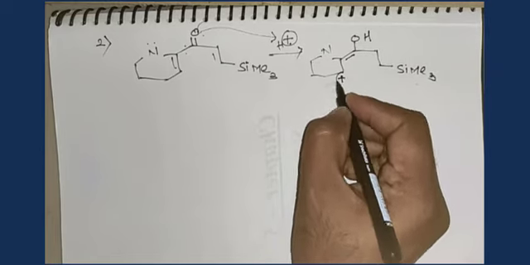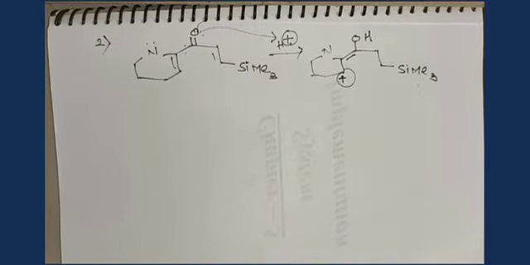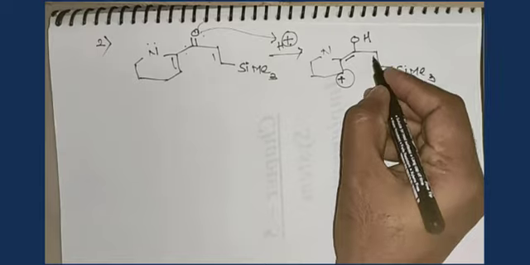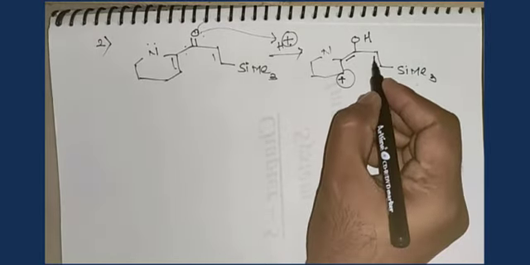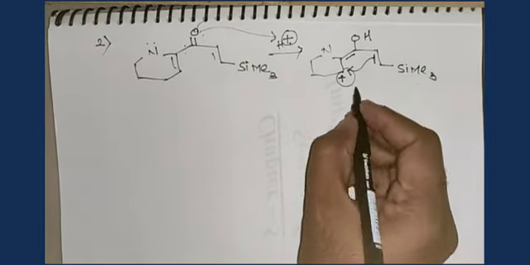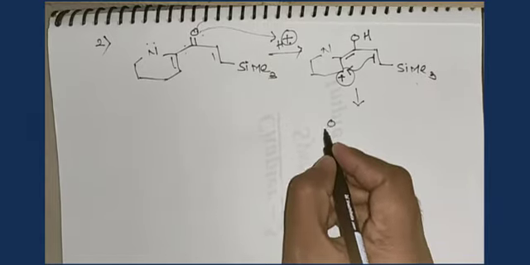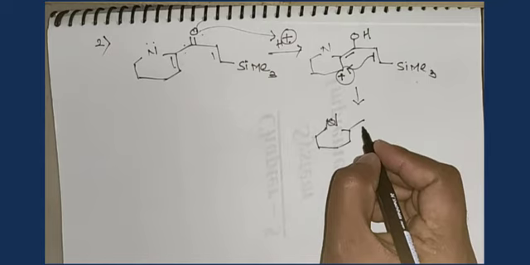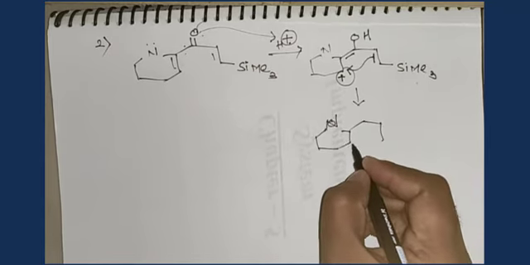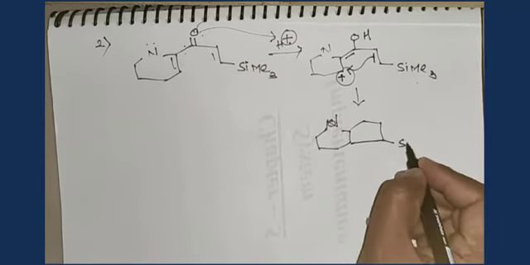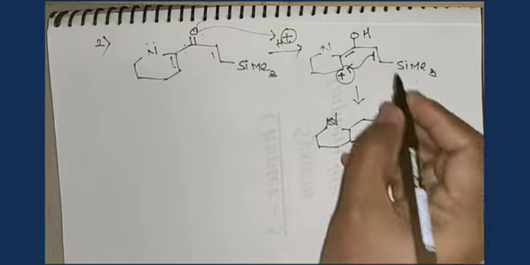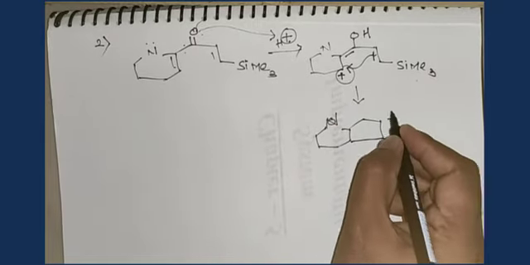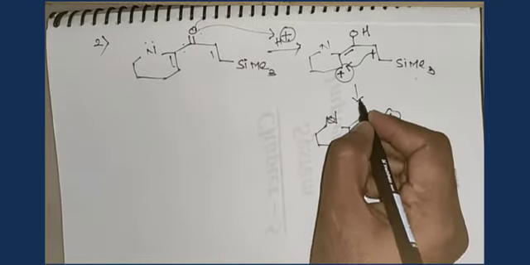Here is the positive charge. One double bond is also here, so now this bond transfers to here. So here is the cyclization and here SiMe3. Now this bond transfers to here, that's why there is a positive charge on this carbon.